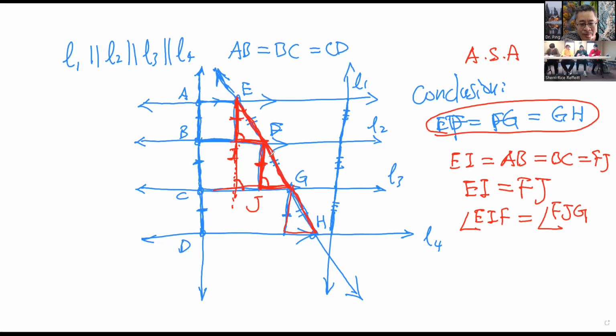We need this angle. So how do we prove this angle is congruent? We know that this line and that line are congruent. So therefore, this angle and that angle are congruent. And we can also, based on the parallel lines, prove this angle and that angle are congruent. So if the whole angles are congruent, and also part of the angle is congruent, then the other part has to be congruent.